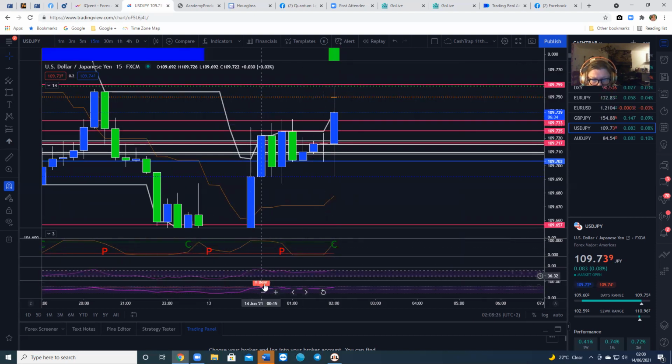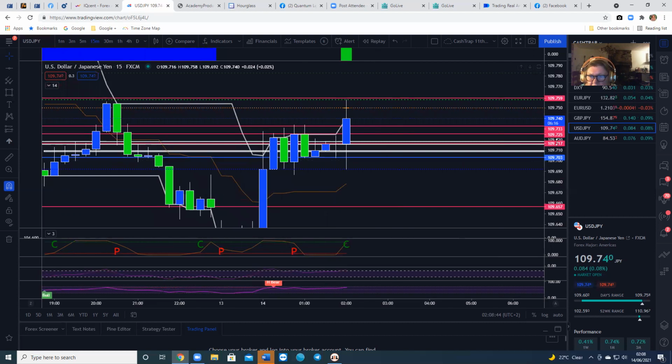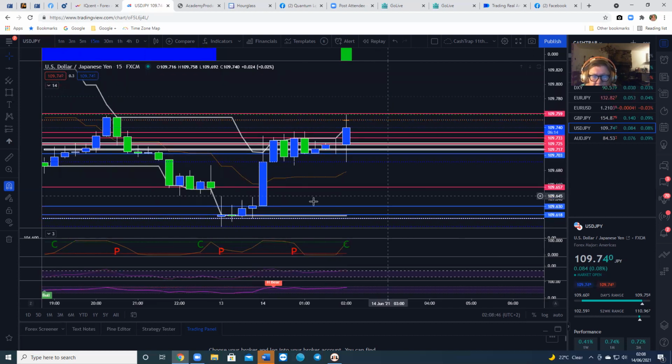But here we have hidden bear. So because of this wick here and because of it respecting these levels back here, I'm not entirely convinced that it wants to carry on and make a trend upwards, even though at the moment the US dollar is stronger. Now, I don't know. I can only draw lines on the chart and say what I see.